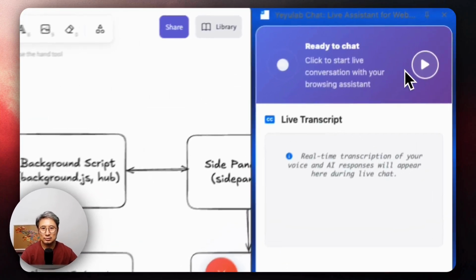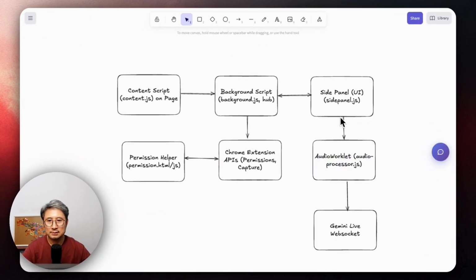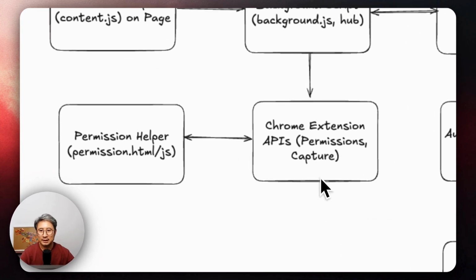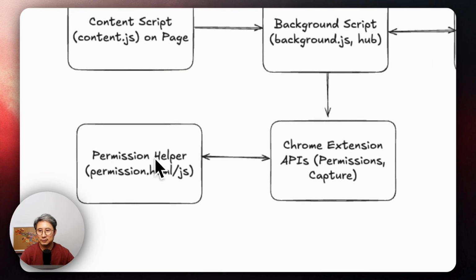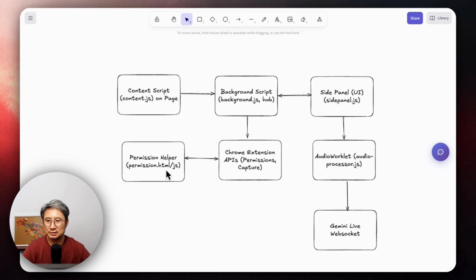Then when the user clicks the start button in the side panel, it asks the background again for microphone permission and screenshot permission, using the Chrome extension API to ask for the permission from a permission helper defined in permission.js and an HTML file, and also captures the tab screen using the Chrome extension API.